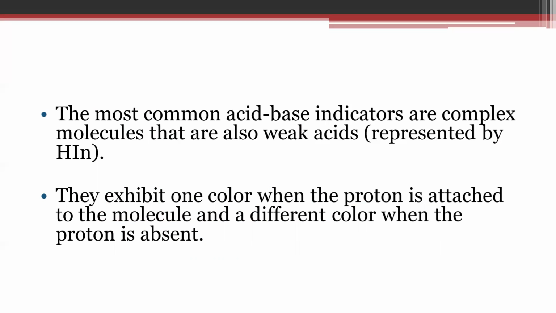We just know that this is how they work, okay? So they will exhibit one color when the proton is attached to the molecule as the weak acid form, and it will change to a different color when the proton is lost, when it's absent, when there is more of the conjugate base present.